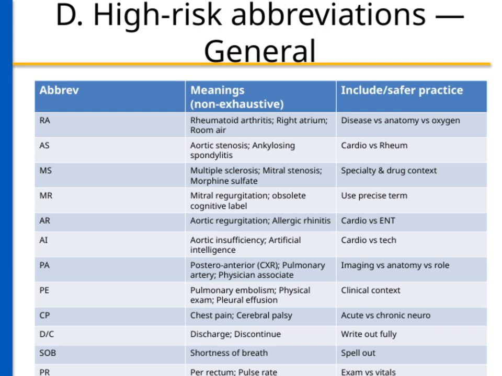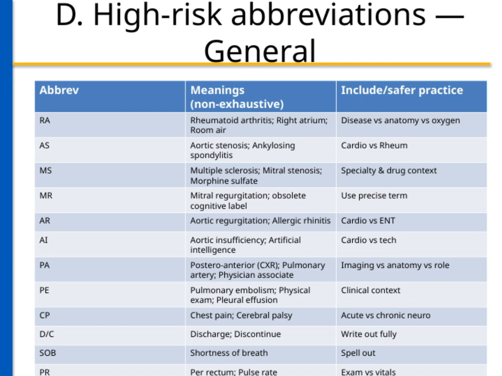Moving on to MS, where the abbreviation could refer to multiple sclerosis, mitral stenosis, or morphine sulfate. This highlights the importance of being precise, using the full term or clarifying to avoid confusion. MR is another example. It can mean mitral regurgitation or, more obsolete, a cognitive label.